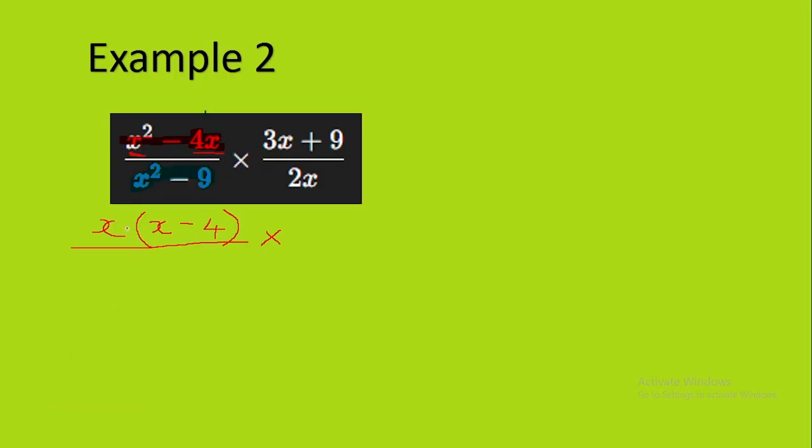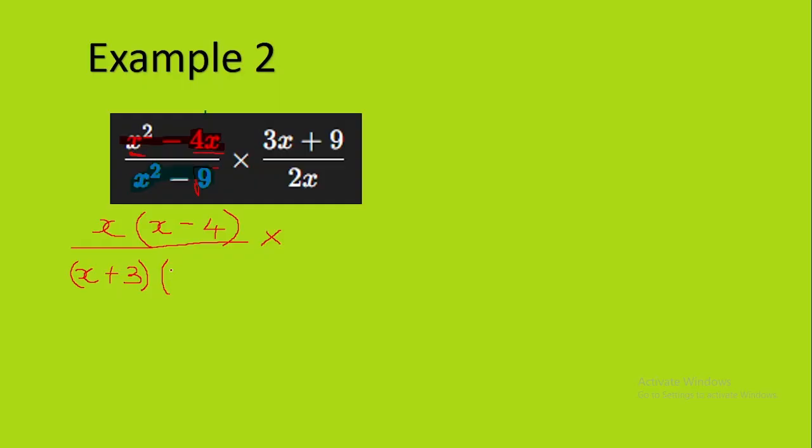So let's factorize the terms below. So we should have two brackets whenever we are factorizing the difference of two squares. So your square root of x squared will just be x. There's a minus sign right here. Difference of two squares means that you have to have one bracket with plus. What's the square root of 9? So the square root of 9 would just be 3.